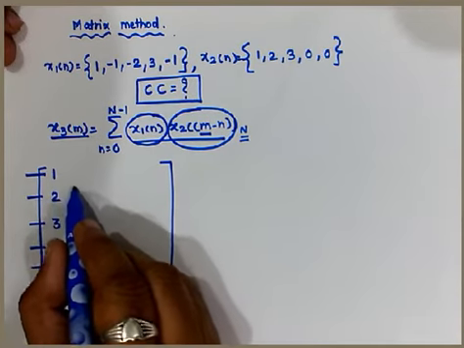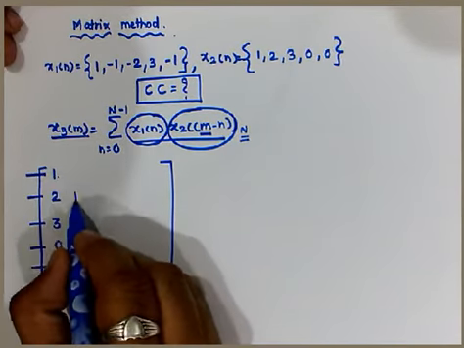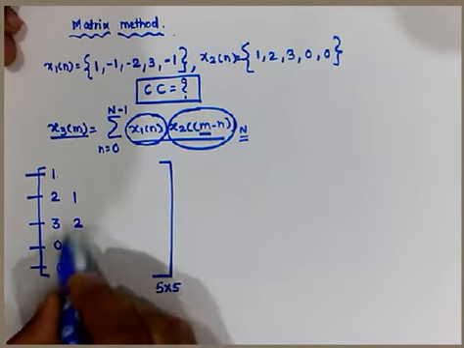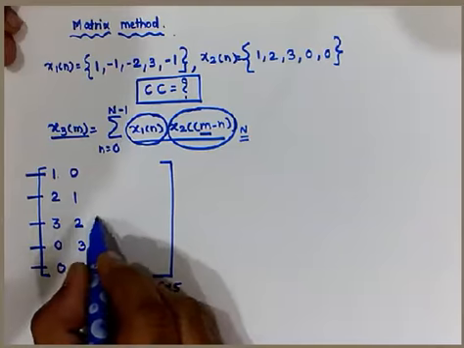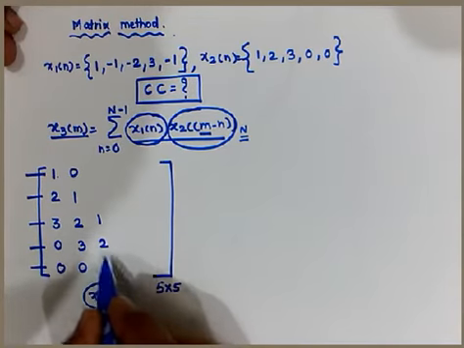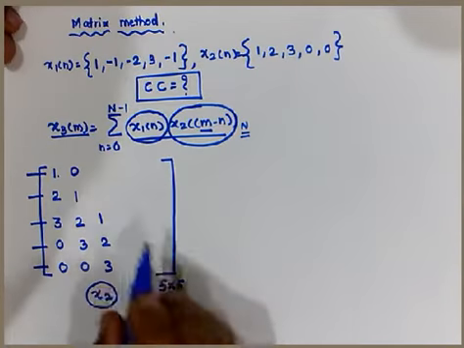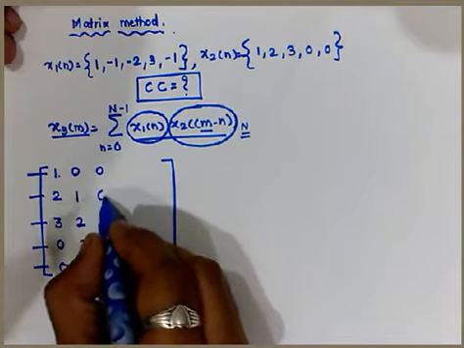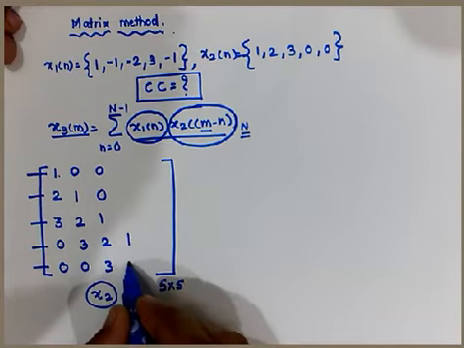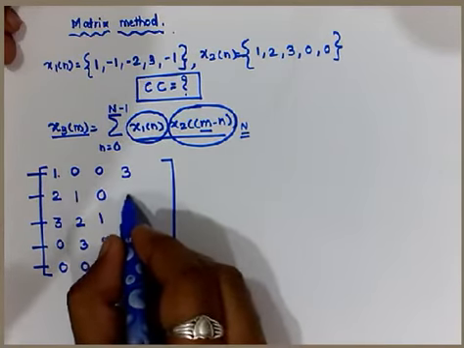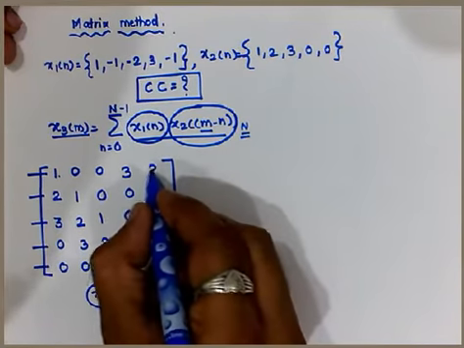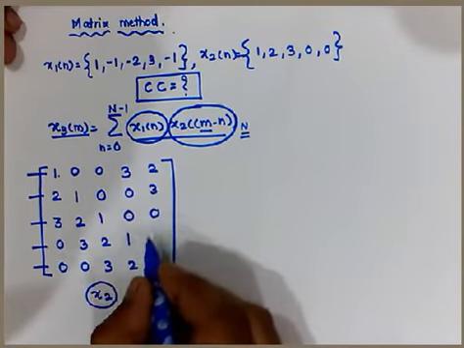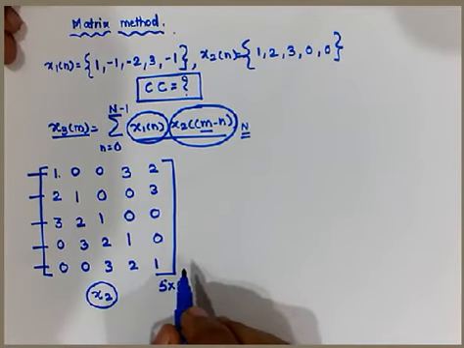So I will shift this 1 here, this 2 here, this 3 here, then 0 and again 0. Again shift it: 1, 2, 3, 0, 0. Again 1, 2, 3, 0, 0. Next 1, 2, 3, 0, 0. This is the last shift.